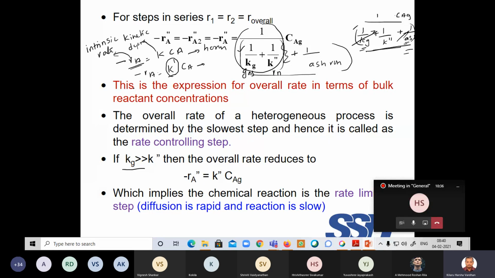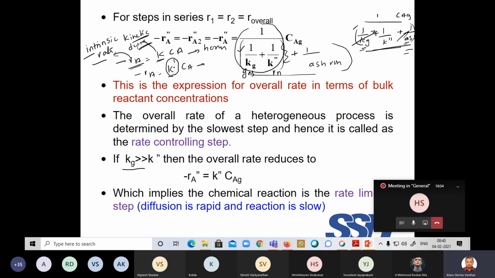Intrinsic rate. Whatever rate we studied till now in CRE1 is called the intrinsic rate, because you are getting only the kinetic component; you are not bothered about the physical properties or physical nature of the reactants.